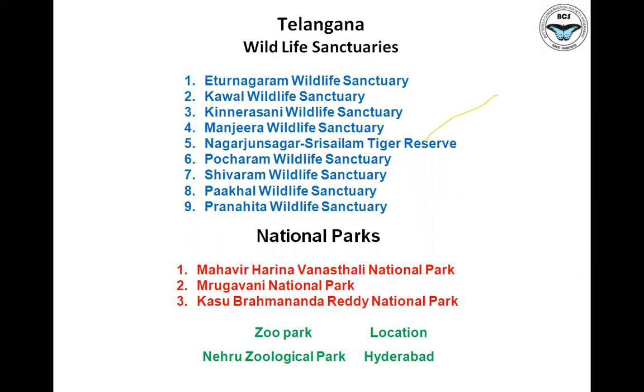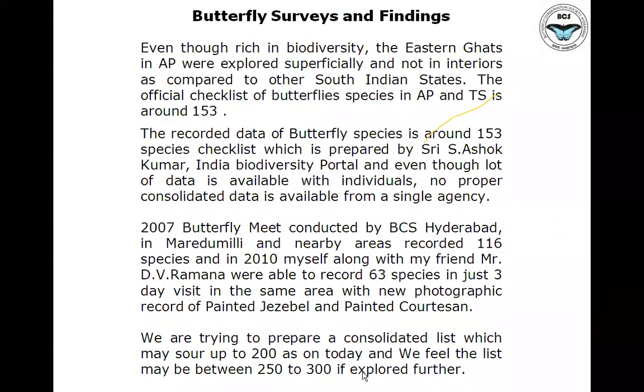Now coming to the butterfly exploration findings. Even though rich in biodiversity, the Ghats in AP were explored only superficially and not in the interiors, compared to the other South Indian states.